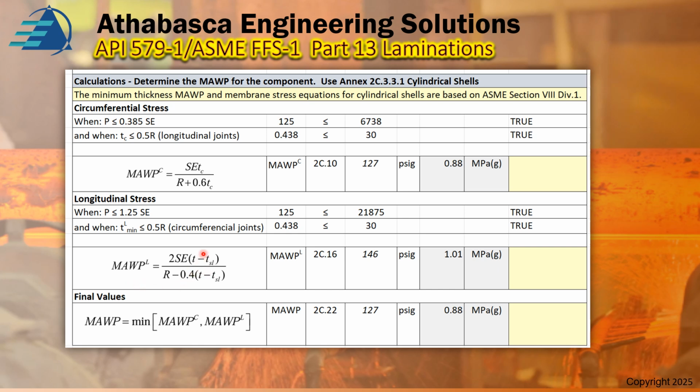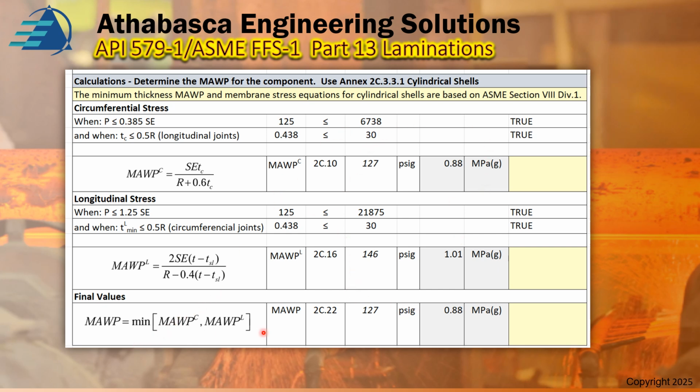This SL is the supplemental load that we mentioned earlier in the video, in addition to the hoop stress. It makes sense because it subtracts from the available thickness that can be used for the pressure. So we come up with a couple of values, this value and 127.